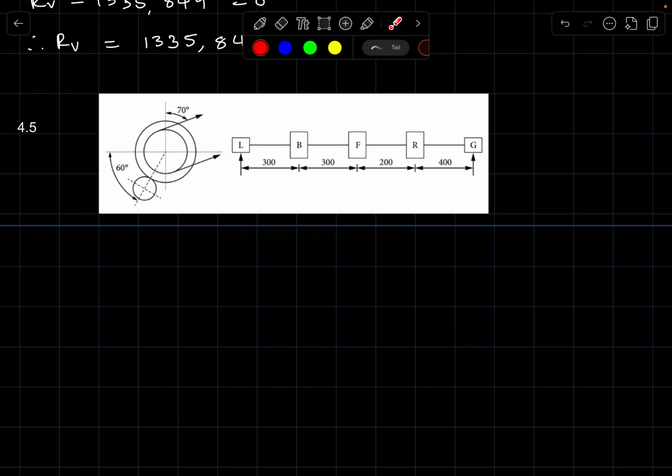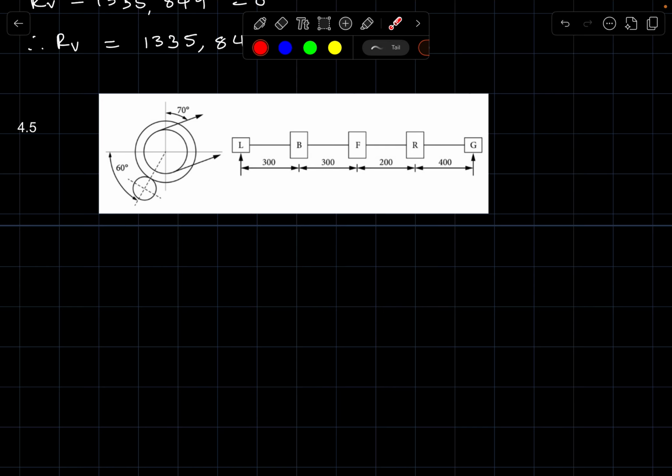The way you do that is you just take into consideration that forces that are heading left, you take as negative. And then negative forces, when the beam is horizontal like this, we take as heading downward, and we take positive forces as heading upward.